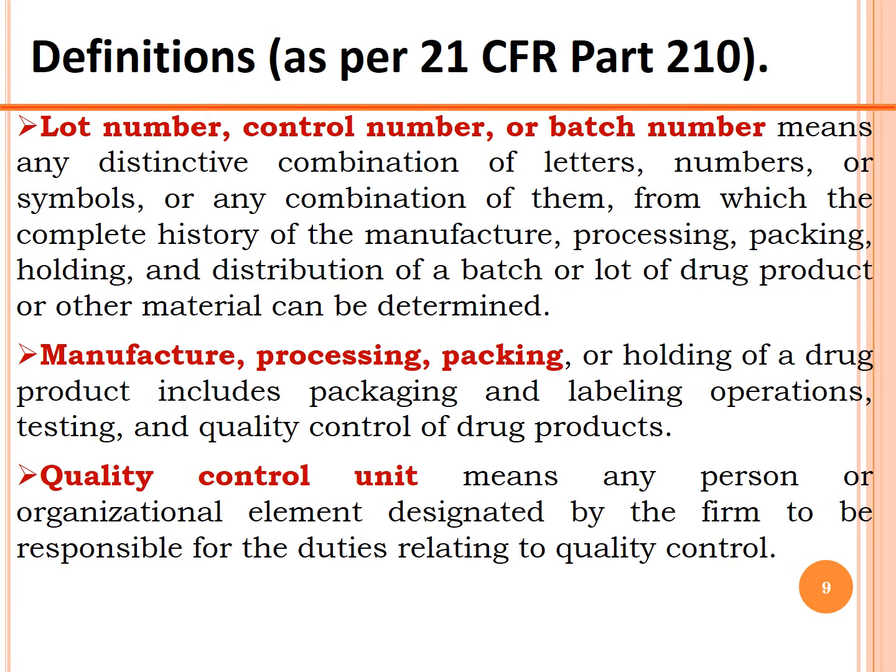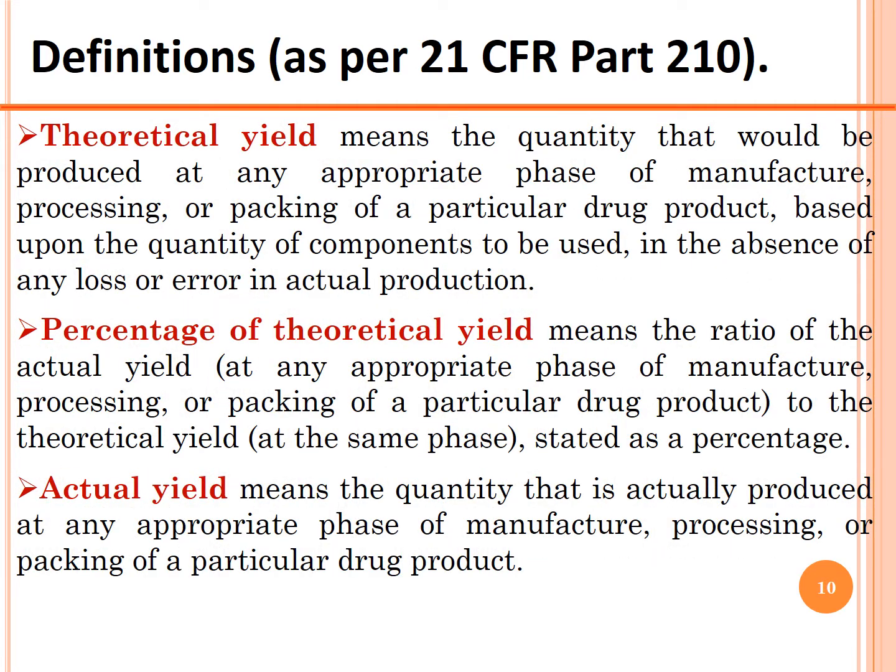Theoretical yield means the quantity that would be produced at any appropriate phase of manufacture, processing, or packing of a particular drug product, based upon the quantity of components to be used, in the absence of any loss or error in actual production.